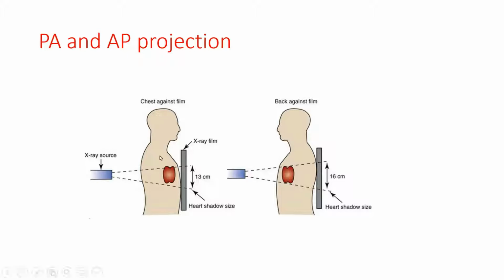But if he can stand, the chest X-ray film is placed in front and the X-ray source comes from behind. So this is supine and this is erect, or portable, since sometimes they come to the department.